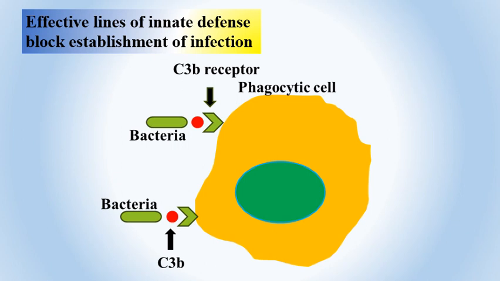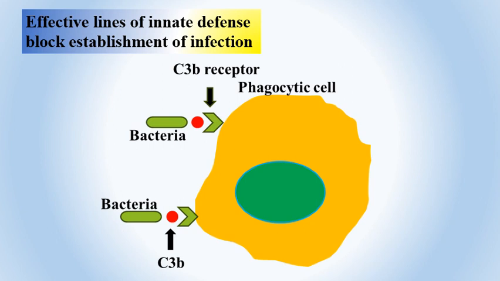In this lecture, I'm going to talk about effective lines of innate defense that interfere with establishment of infection. If a pathogen is to establish an infection in a susceptible host, a series of coordinated events must circumvent both innate and adaptive immunity.